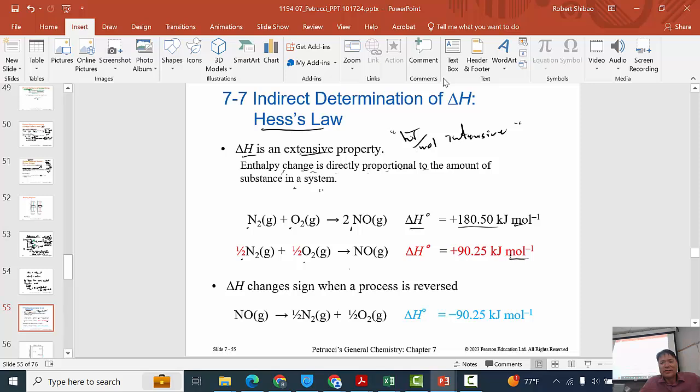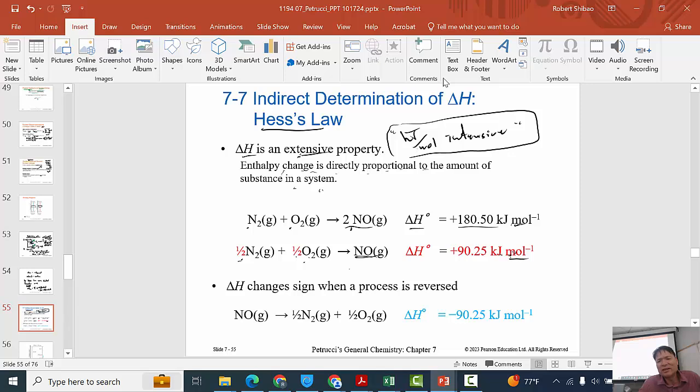In this case, it's kilojoules per half mole of N2, kilojoules per half mole of O2, and kilojoules per mole of NO. Whereas this one here is per 2 moles of NO. This one here is per 1 mole of NO. In that context, it's an intensive property because if you have 2 moles, you double it, right? But the ratio is the same. In another context, it's extensive because we're going to get twice as much energy.